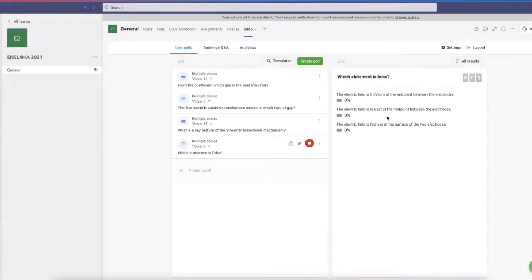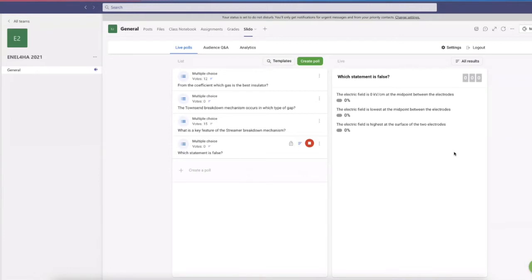Hopefully you can all see the poll. There's a statement. Which statement is false? The electric field is 0 kV per centimeter at the midpoint between the electrodes. The electric field is lowest at the midpoint between the electrodes. The electric field is highest at the surface of the two electrodes.